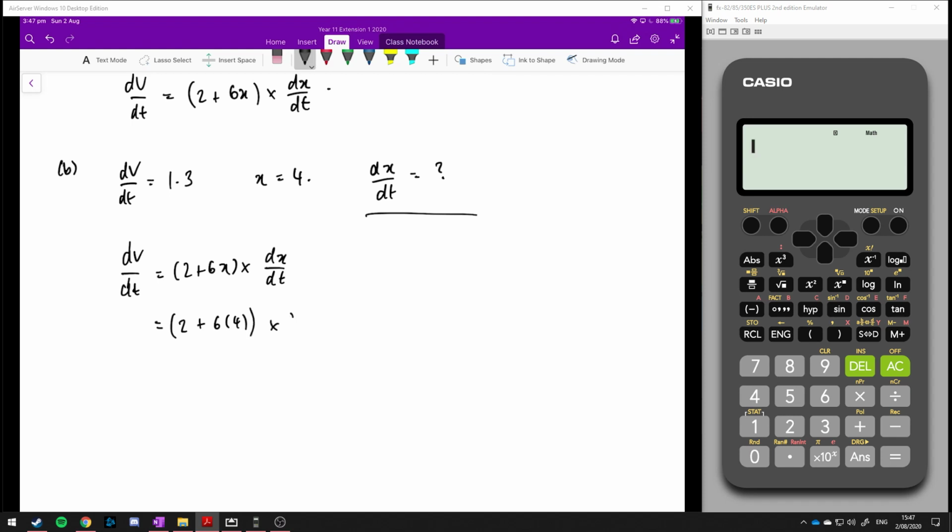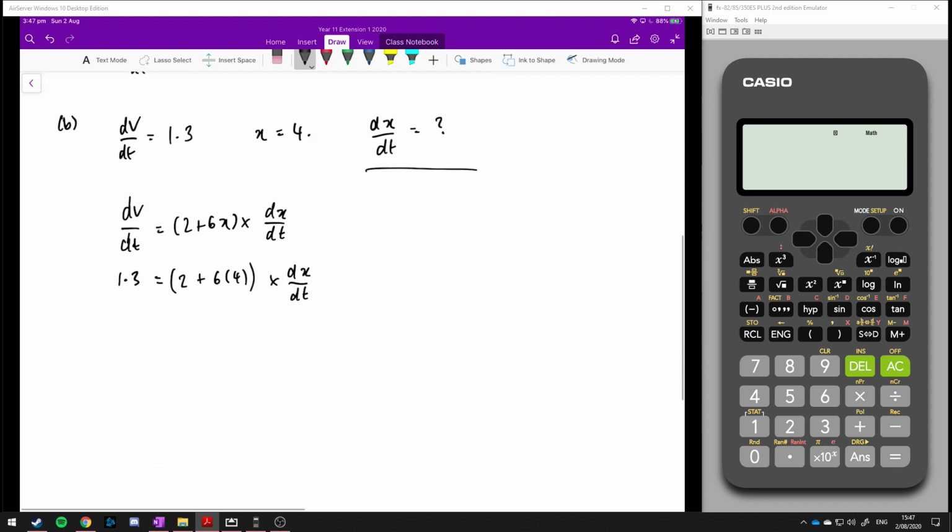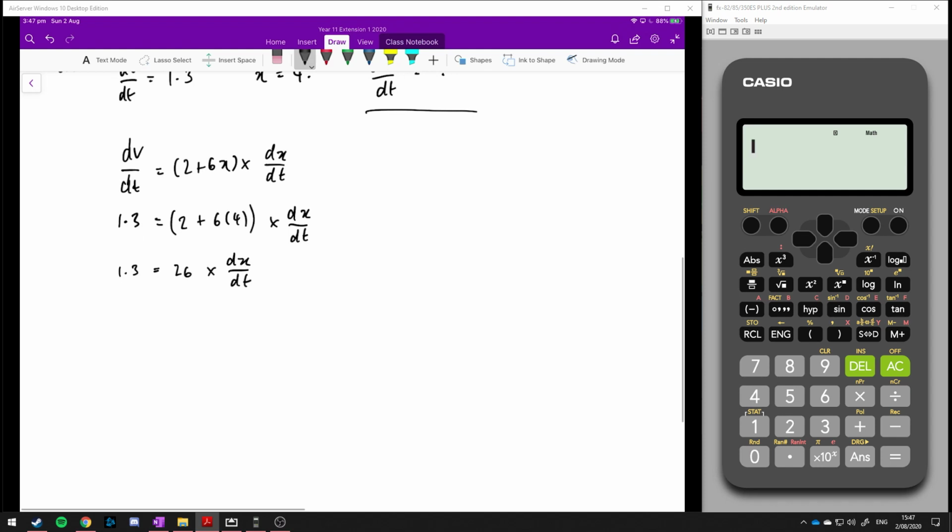We don't know what dx/dt is because that's what we're trying to find, but we do know that dV/dt is equal to 1.3. Simplifying the right-hand side, 6 times 4 is 24, plus 2 is 26, and we multiply that by dx/dt. This will allow us to work out dx/dt by dividing by 26. So dx/dt is equal to 1.3 divided by 26.